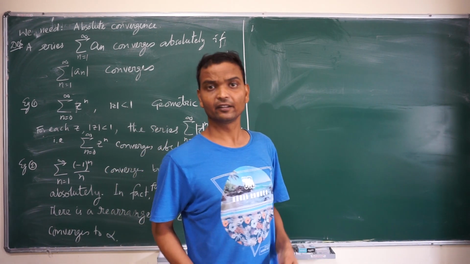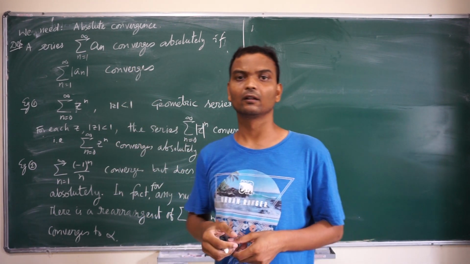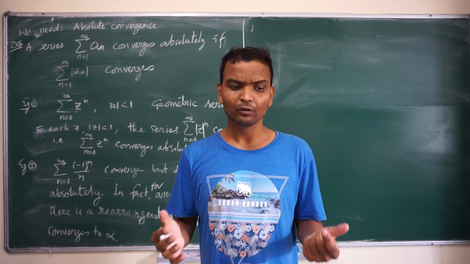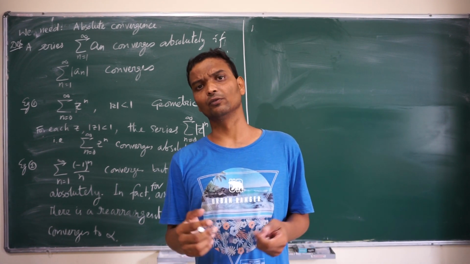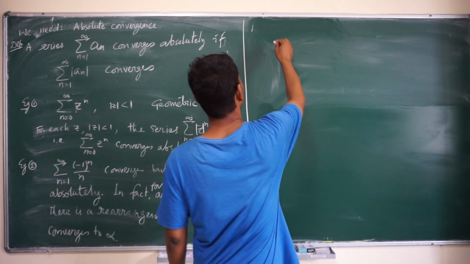There are several criteria for when a series, summation a n, converges. Absolutely. So we'll look at one of them, which will be very useful in this context, which is called Cauchy's root test.